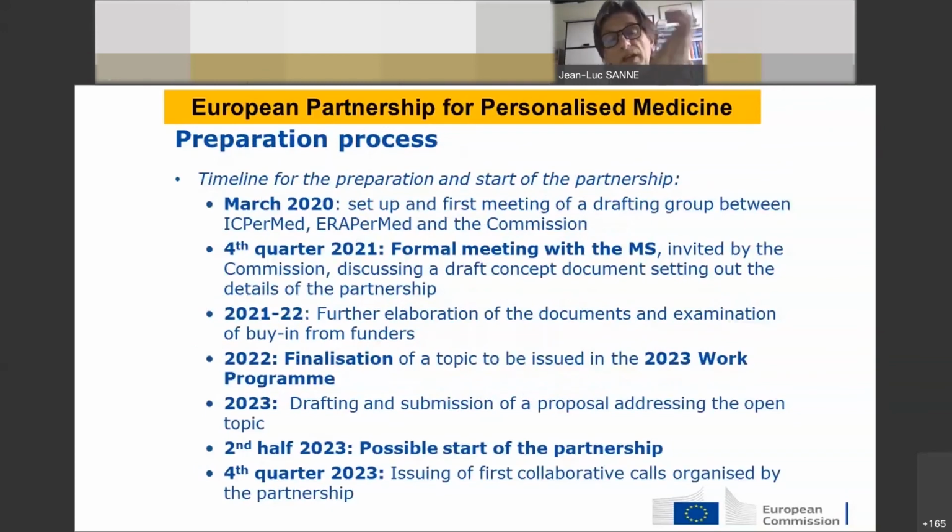Because something I have to say when we talk about the process is that it's a negotiation, in fact, with the member states, the Commission and the member states. So the work has started since March last year with IC-PerMed and Area PerMed. Now the next step after this meeting will be to have an official, formal meeting with the member states.